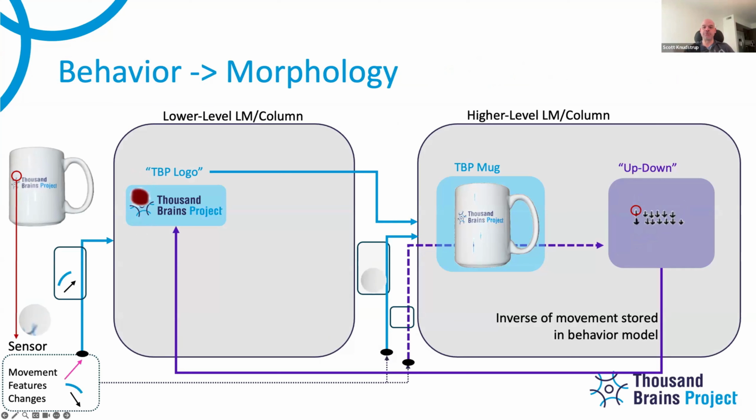Using a sequence of sensed movements, we can infer where we are in the behavior, essentially. And we can take the inverse of the movement stored in the behavior model here.